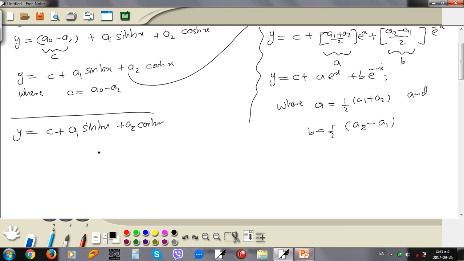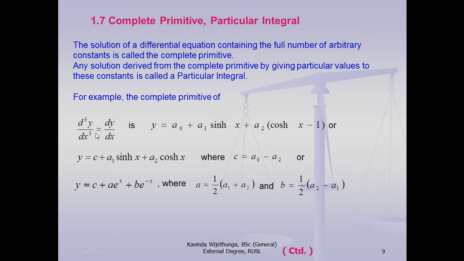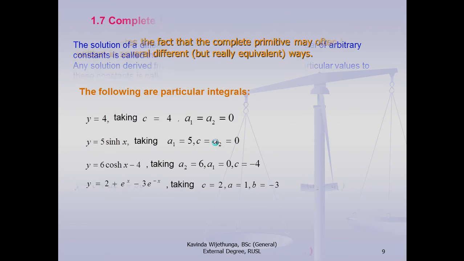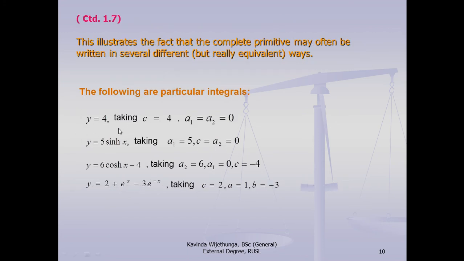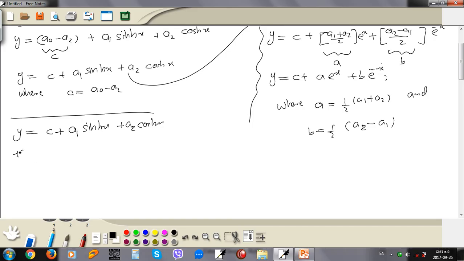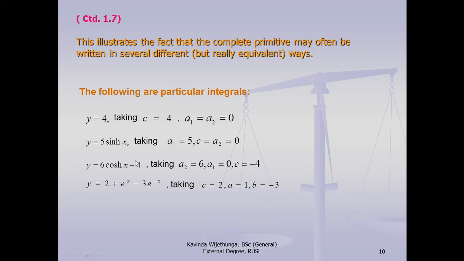Now taking c equals 4 and a1 equals a2 equals 0, we can write y equals 4 plus 0 times sin x plus 0 times cos x. So y equals 4. That is a particular integral.